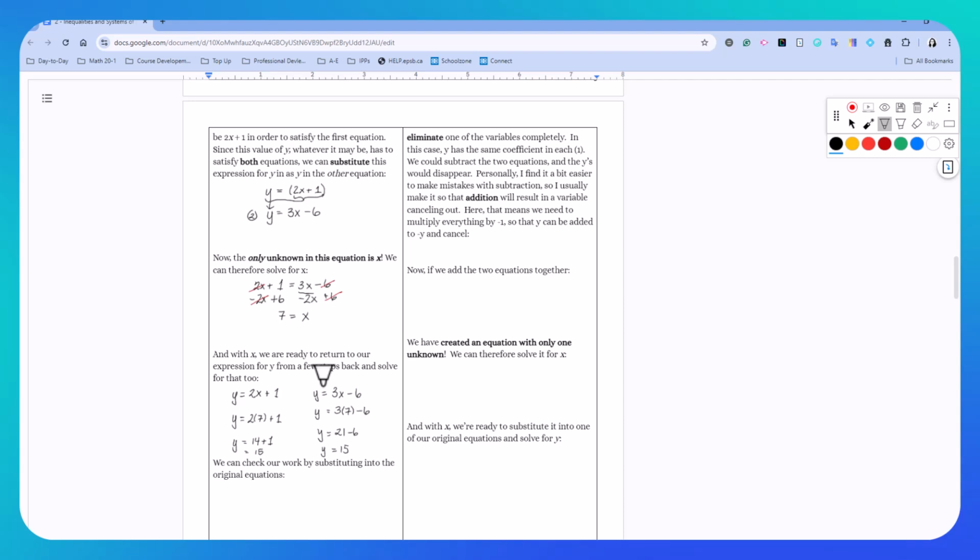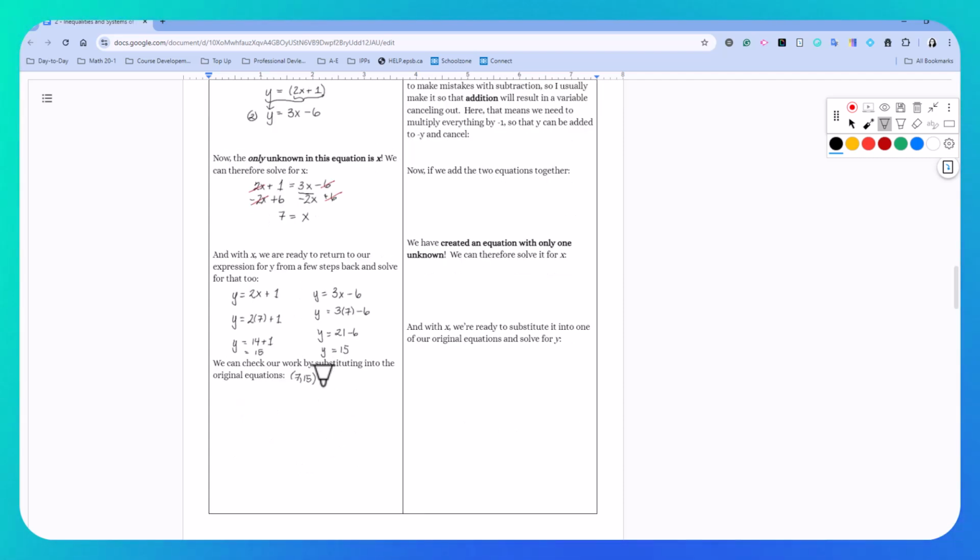Well, the last step is we want to make sure that these actually do solve the equation. So we would say our solution is 7 and 15 as an ordered pair. So we're going to substitute them into the original equations to make sure it works.